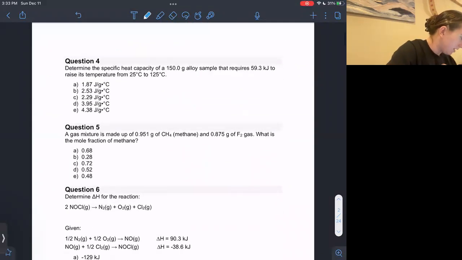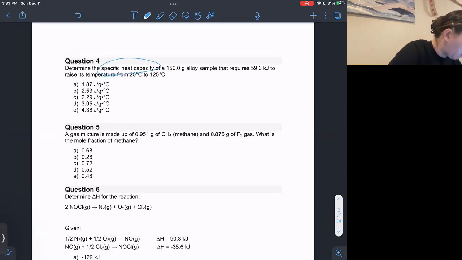Okay, moving on. Determine the specific heat capacity of a 150.0 gram alloy sample that requires 59.3 kilojoules to raise the temperature from 25 degrees Celsius to 125 degrees Celsius. Okay, so I'm not given a delta heat of fusion, and I'm just trying to find the specific heat.